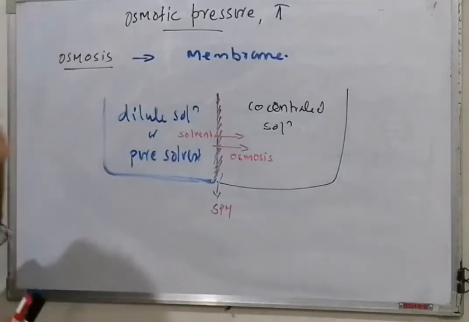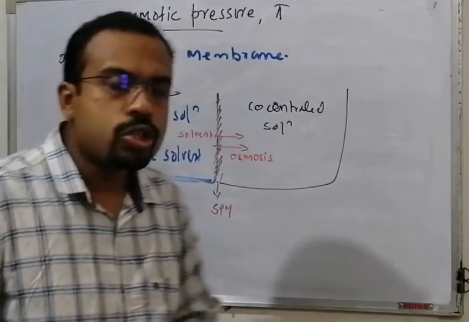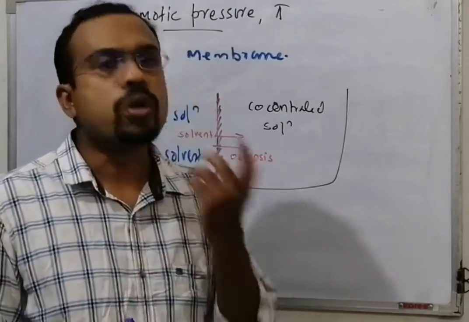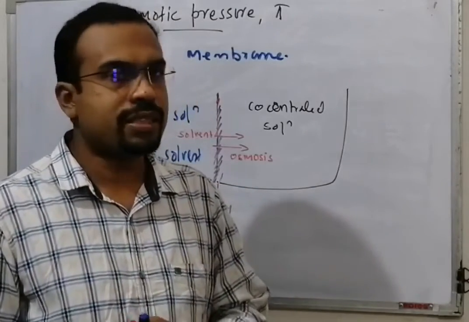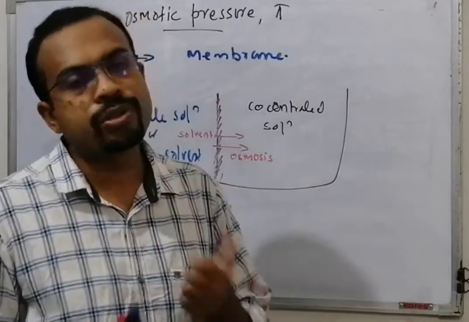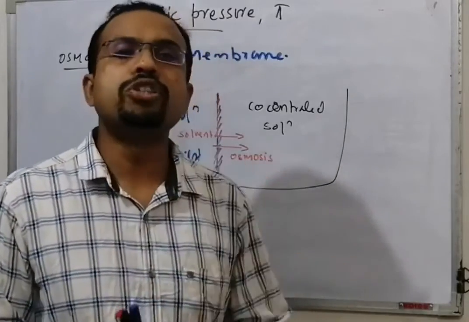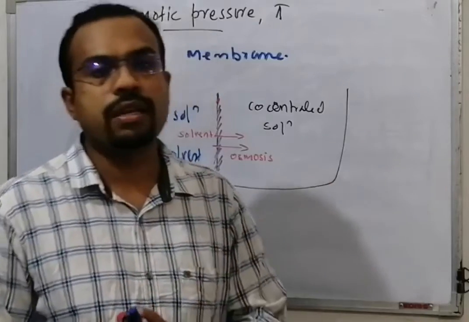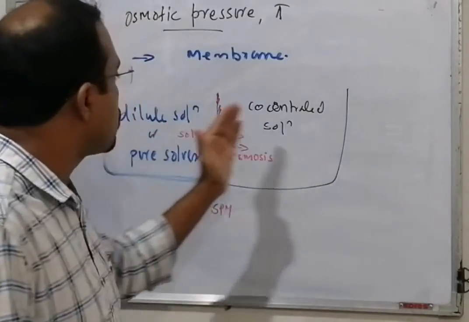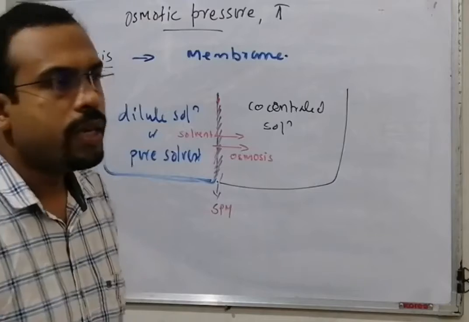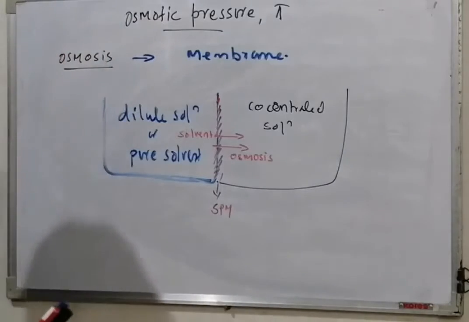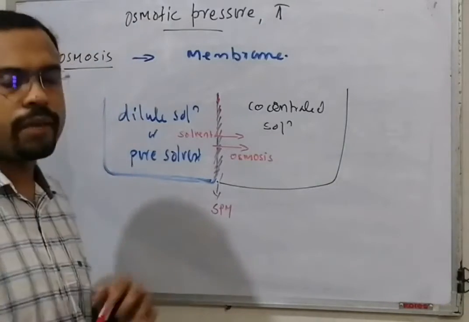Dilute solution means solvent is more, solute is less. That is why we call it a dilute solution. Concentrated solution means solute is more or solvent is less. Therefore, solvent is moving from here to here. Yes.